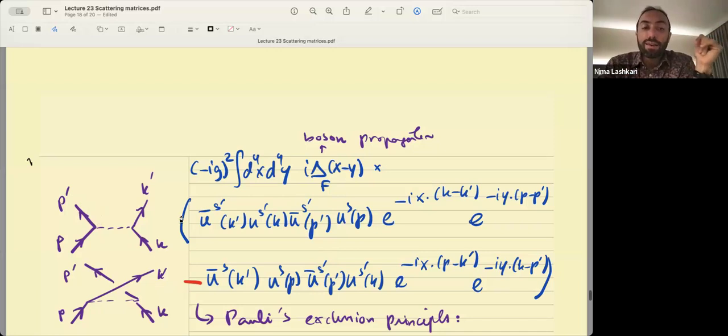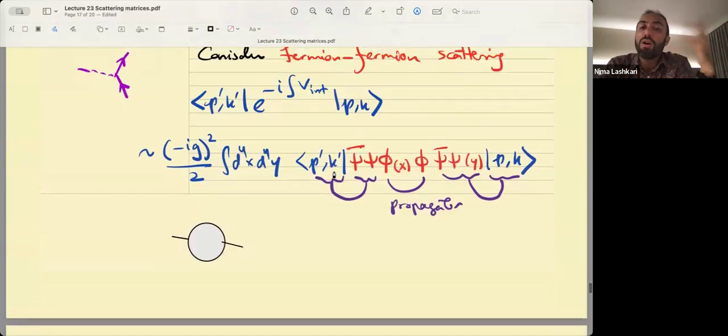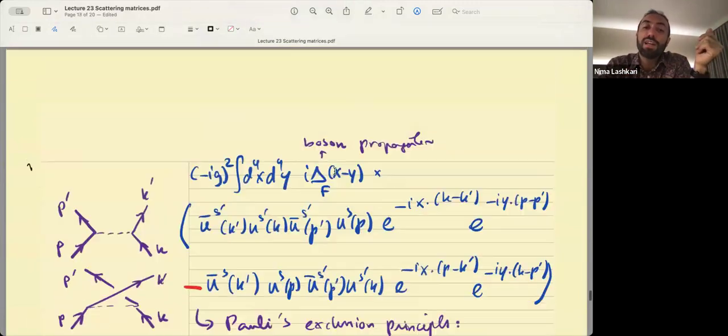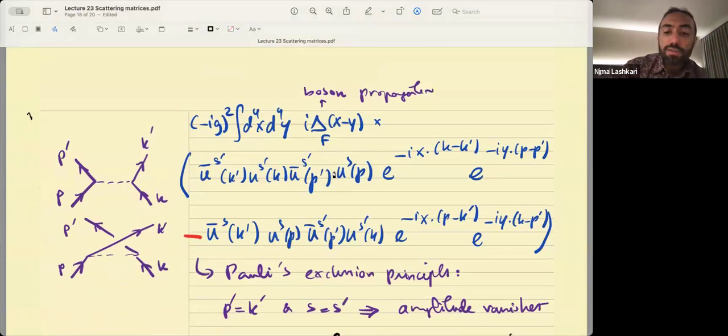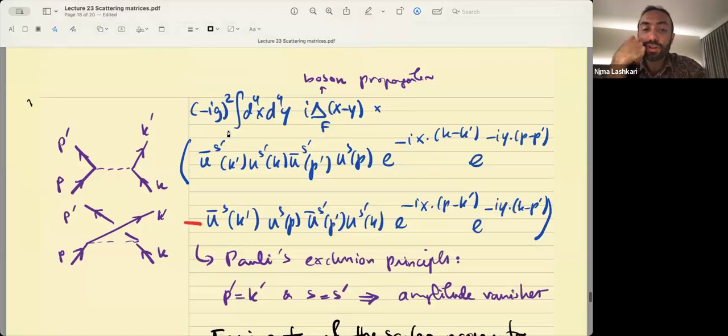Now, when you define your in and out states, you should specify spin as well. If you are agnostic about the spin, as in quantum mechanics where you're not measuring spin, you should sum over all spin configurations, and we're going to do that sometimes. But for now, let's just consider the spin indices to be general.